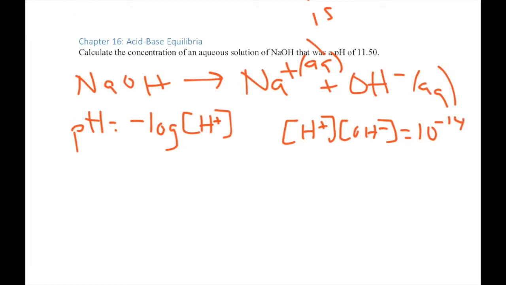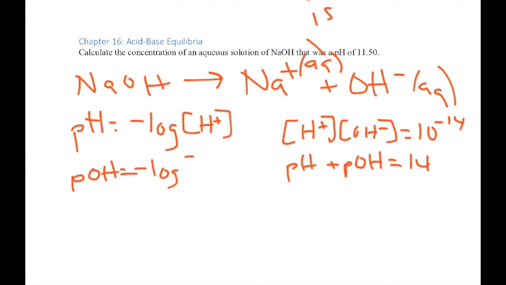That's a constant. So we also know that pH plus pOH equals 14. These are the core relationships that you should memorize. So pOH is going to equal the negative log of the hydroxide concentration.